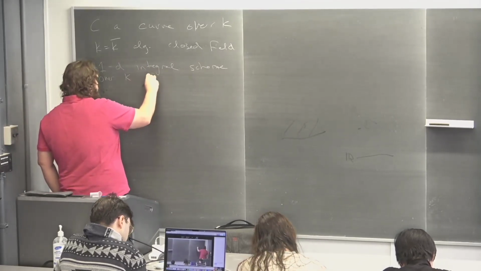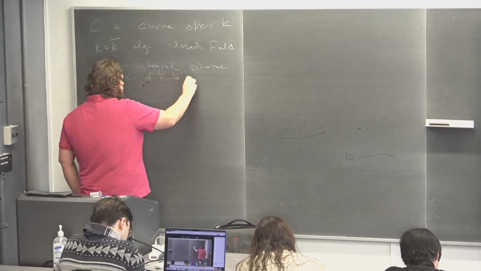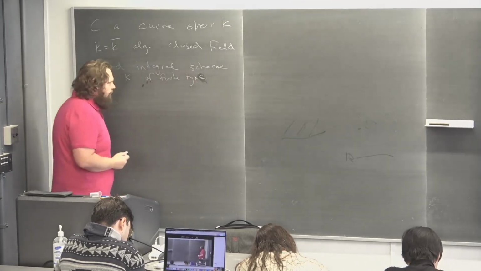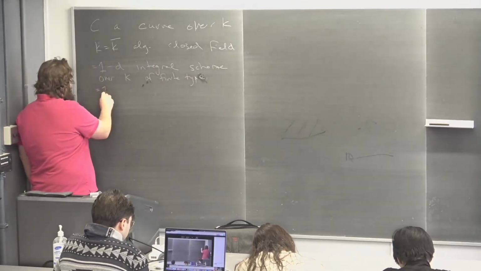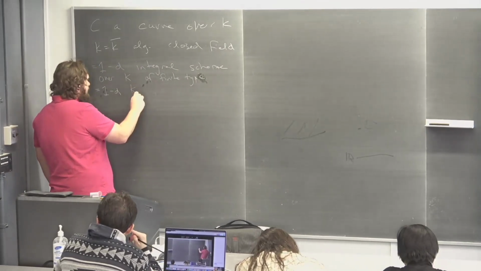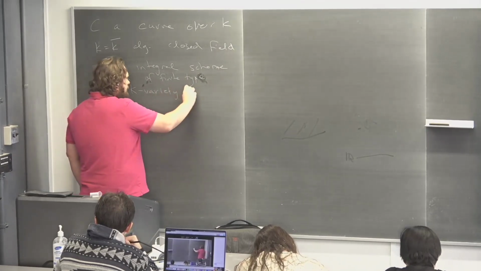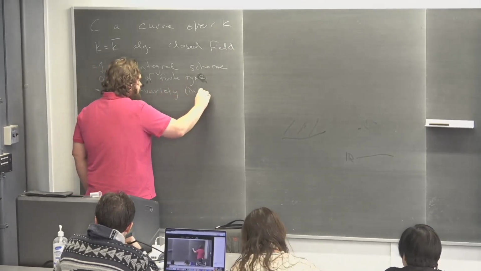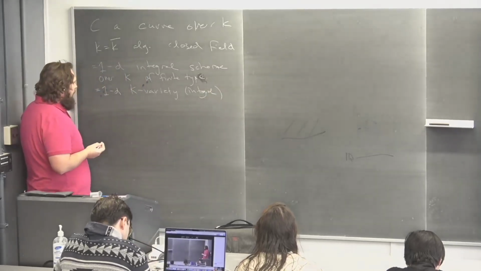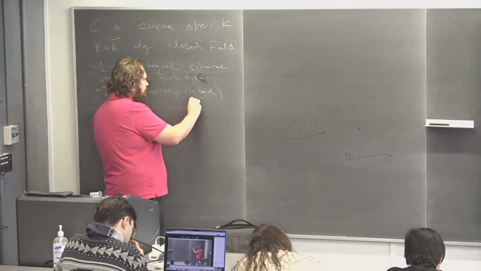Of finite type. So we could call this a 1D K-variety. And depending on how you like to define variety, you might want to include the word integral or irreducible here.